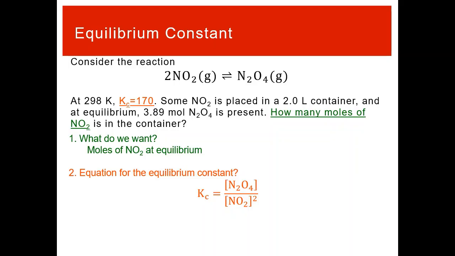And the coefficient 2 becomes an exponent. So then what I want is this amount of NO2. So Kc I have a value for, and I can compute my concentration of N2O4. We do want to note at equilibrium. So we can compute those, solve, get our information for the concentration of NO2.